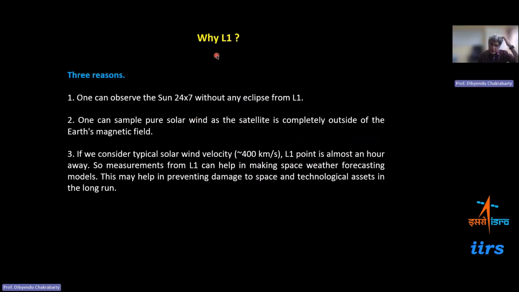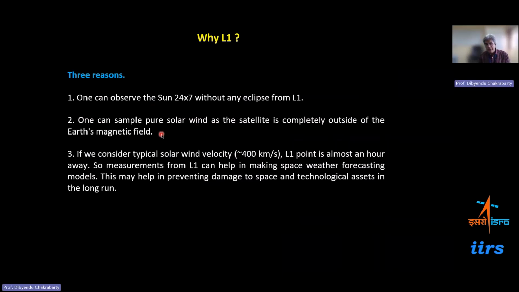Therefore, the Sun-Earth first Lagrangian point, where the gravity between the Sun and Earth almost balances out, is a place where we can put a satellite which can observe the Sun without any eclipse, which is what happens in any earthbound orbit, because there it is very difficult to have 24/7 observation of the Sun without any eclipse.